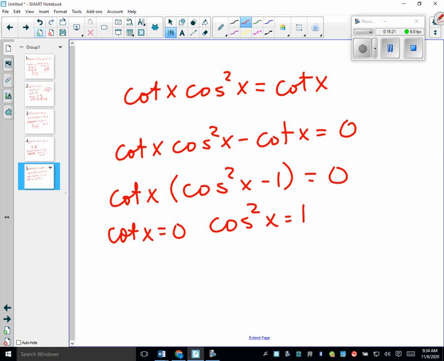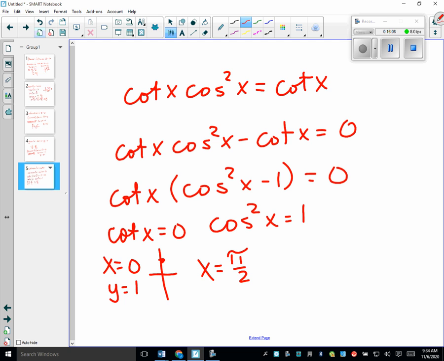If it is equal to 0, does that mean x equals 0, y equals 1? Where does that happen? Pi over 2. So my first answer is pi over 2.